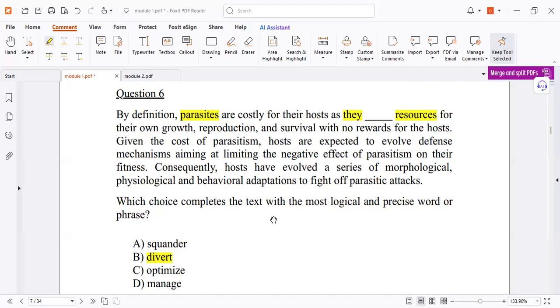So divert means here to use, to exhaust the resources, to make use of all of it, or they share the resources with the host. That means make starvation to the host. Yes, sir. Of course, literally it does not make sense. What does squander mean? Squander means waste.